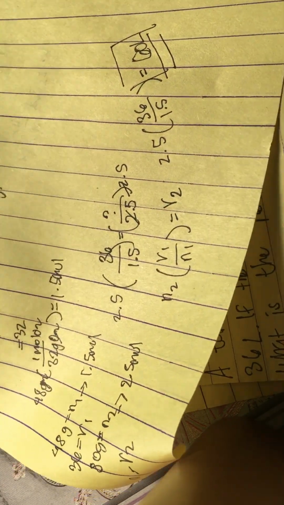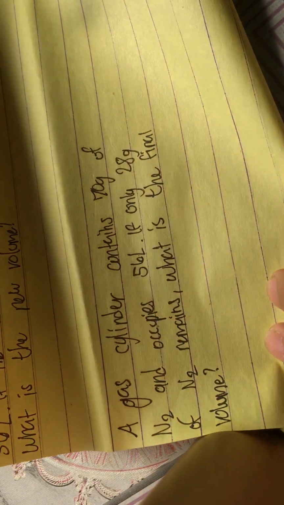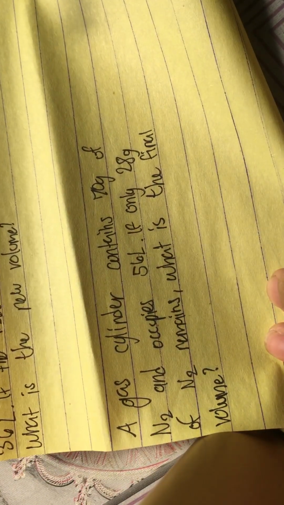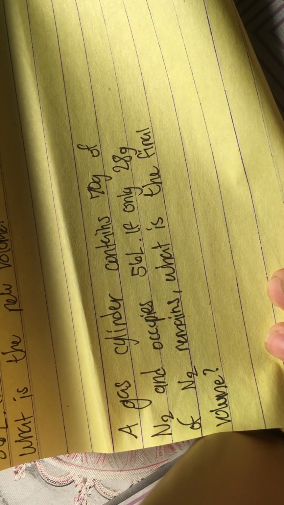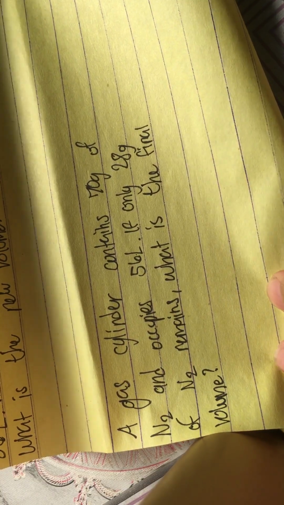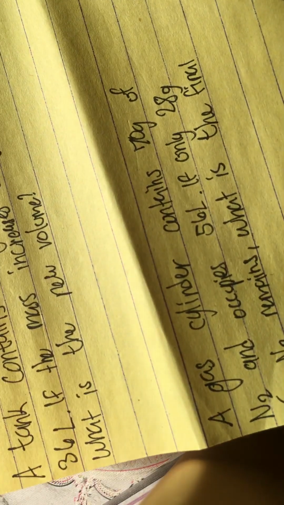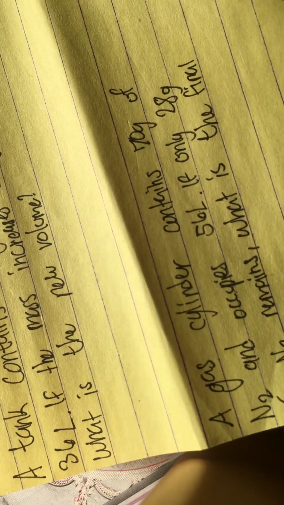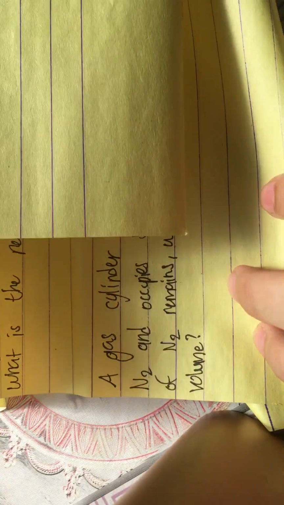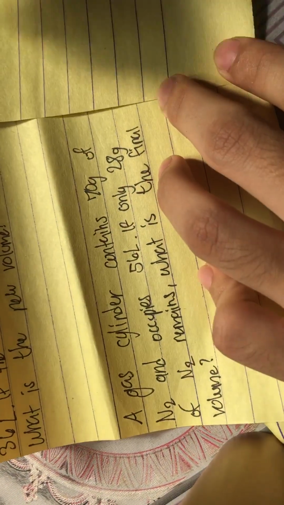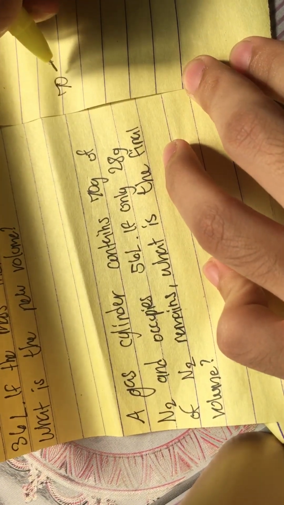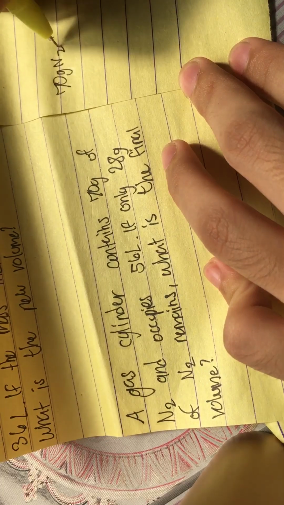For the last question, we have a gas cylinder that contains 70 grams of N2 and occupies 56 liters. If only 28 grams of N2 remains, what is the final volume? So let's first identify the given variables. 70 grams of N2 is our N1.